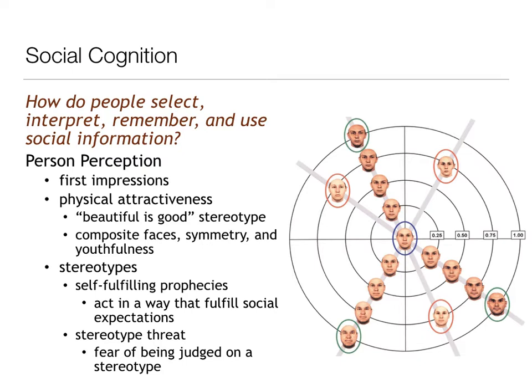If that stereotype has been activated before a math test, women typically perform worse and men typically perform better. So stereotype threat actually hinders the person that has that stereotype. They're so worried that they're going to be judged based on that stereotype that they actually perform worse than if that stereotype hadn't been activated.